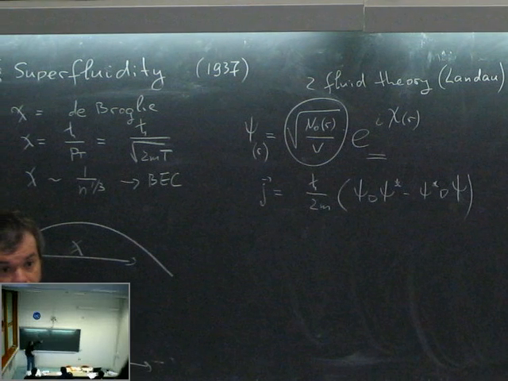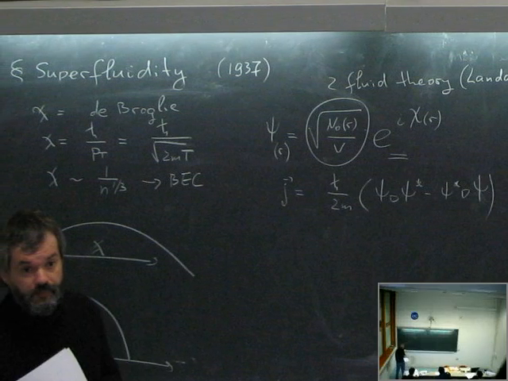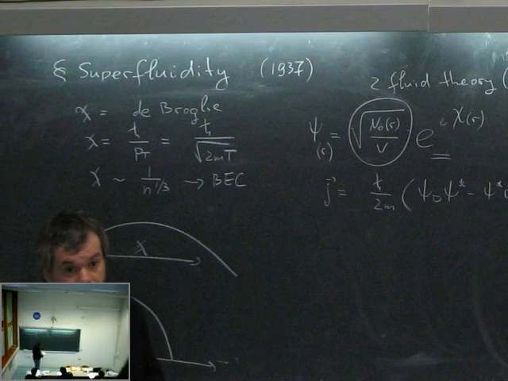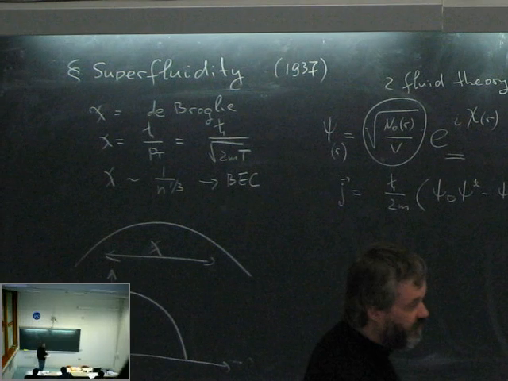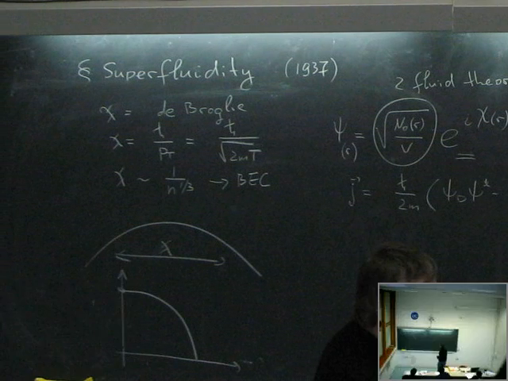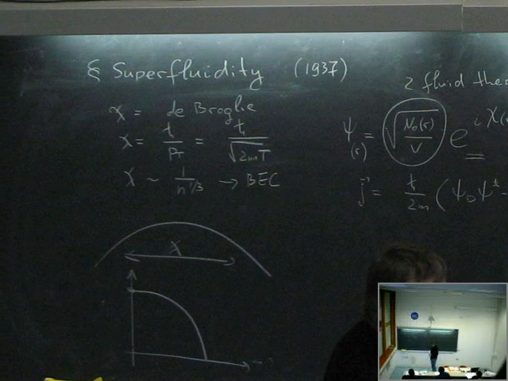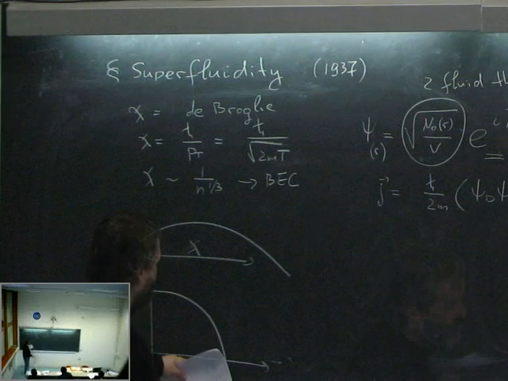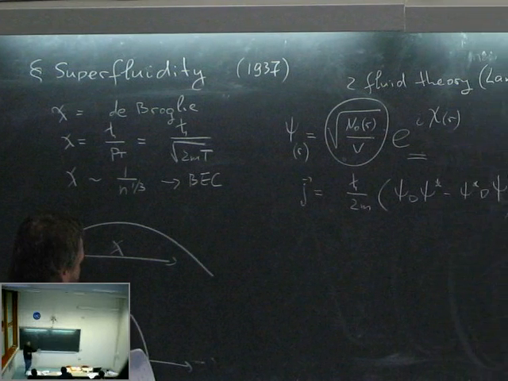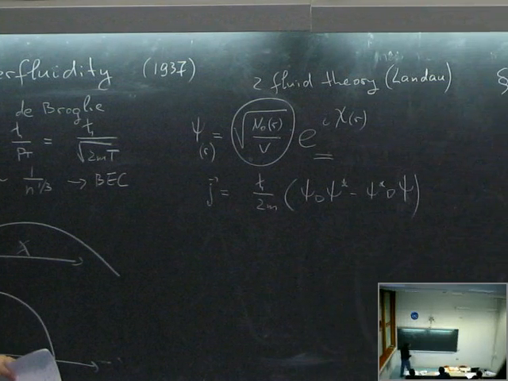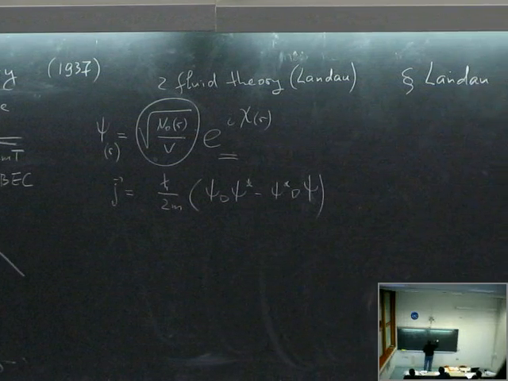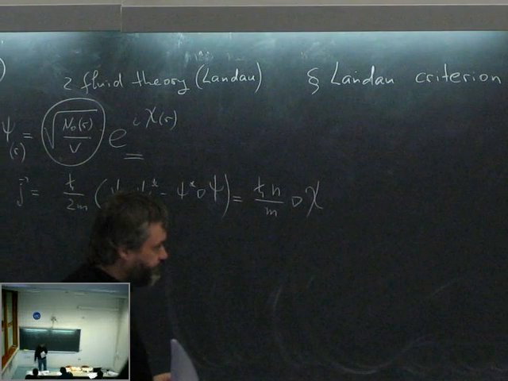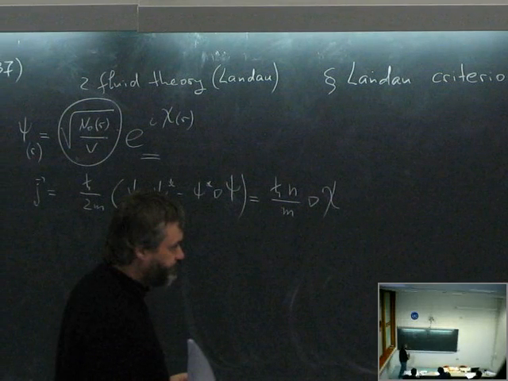If we plug in this wave function and ignore the coordinate dependence of the modulus, and the reason to do it is because this dependence is very weak, and the gradients of the number of particles are negligibly small in the box everywhere, or in the trap everywhere except the boundary of the trap, then we get that the current is h bar n density over m times the gradient of chi. So the current in the system is proportional to the phase gradient.